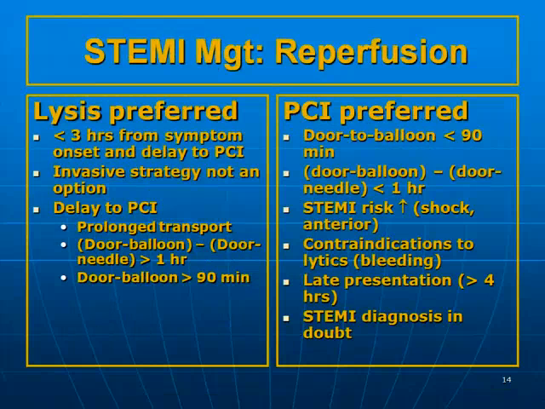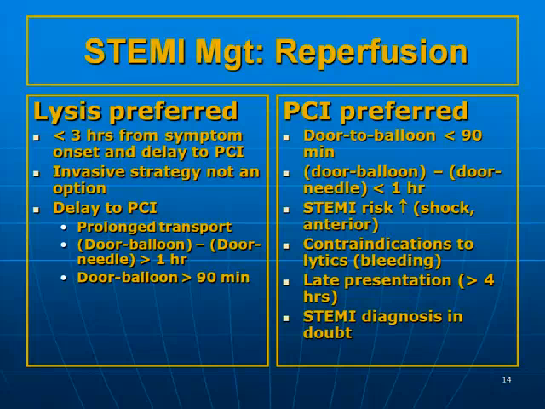Slide 14 is a table that tells you when lytic would be preferred and when PCI would be preferred, and these are not necessarily mutually exclusive. But again, if it is less than 3 hours from the onset of symptoms and there's going to be a delay to getting the patient to a facility where they can have PCI, then lytics would be preferred.